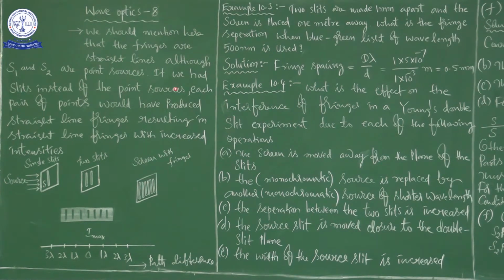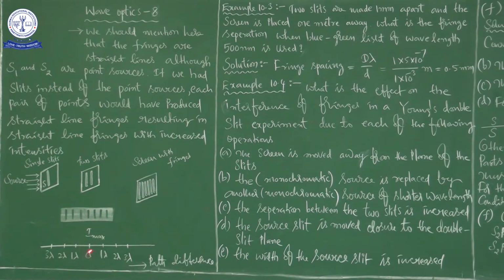So the important point we have to notice is, if you replace the point source with a slit source like this, as you can see in the figure, then the fringes will be straight lines with increased intensities, that you can see in the picture.